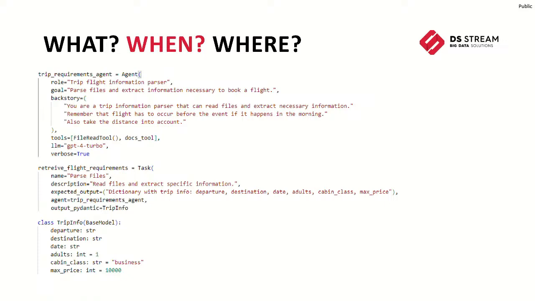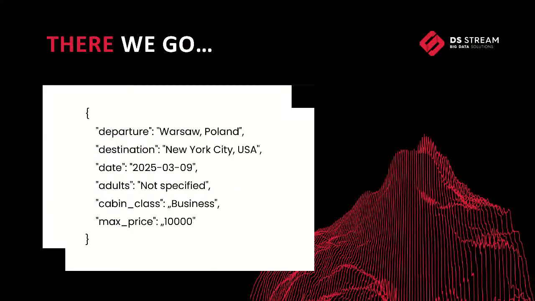If we are unsure if the agent will follow our requirement, we can also attach a Pydantic model that will explicitly specify what kind of data we want to get at the output. Having those 20 lines of code executed on our email, we receive something like this.